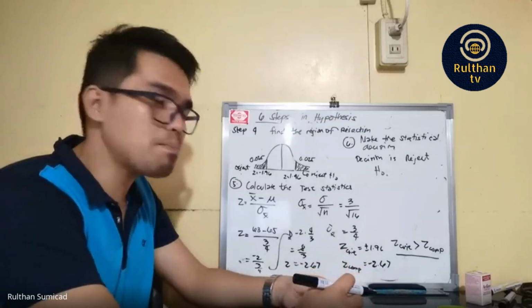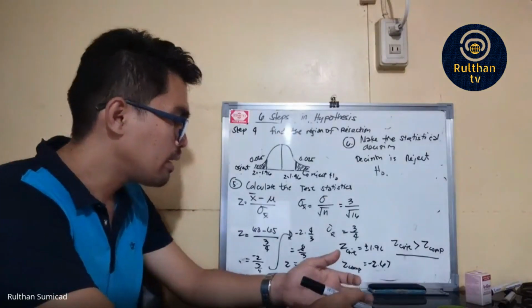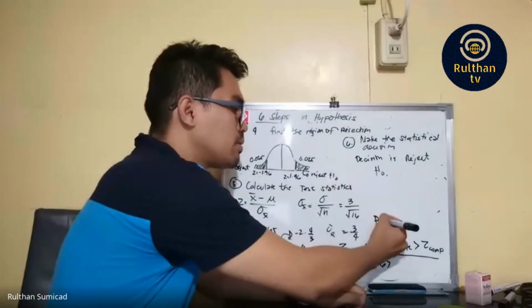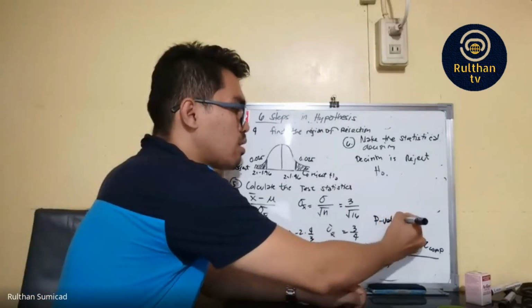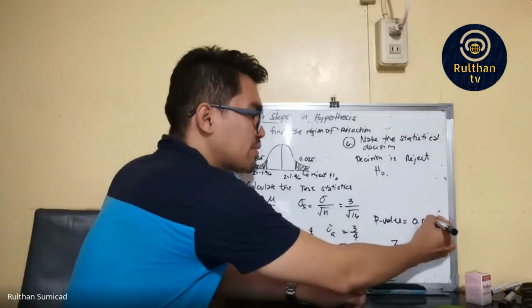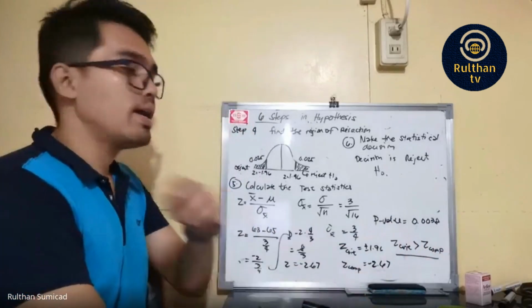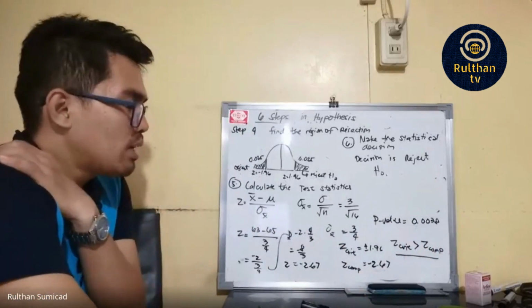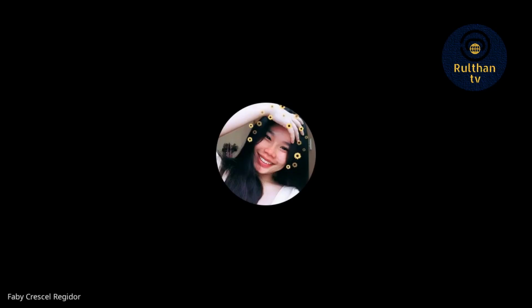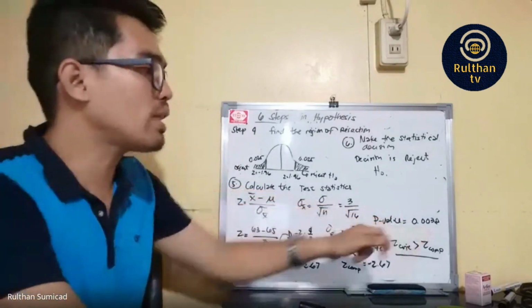So our p-value now is 0.0038. Now, since that is our p-value, compare this one to the alpha.